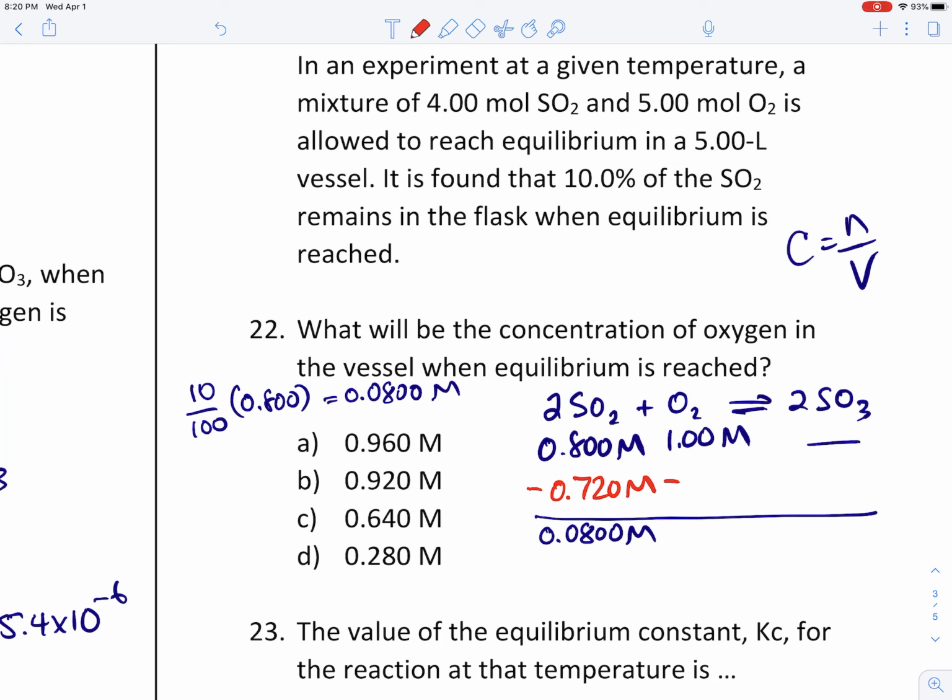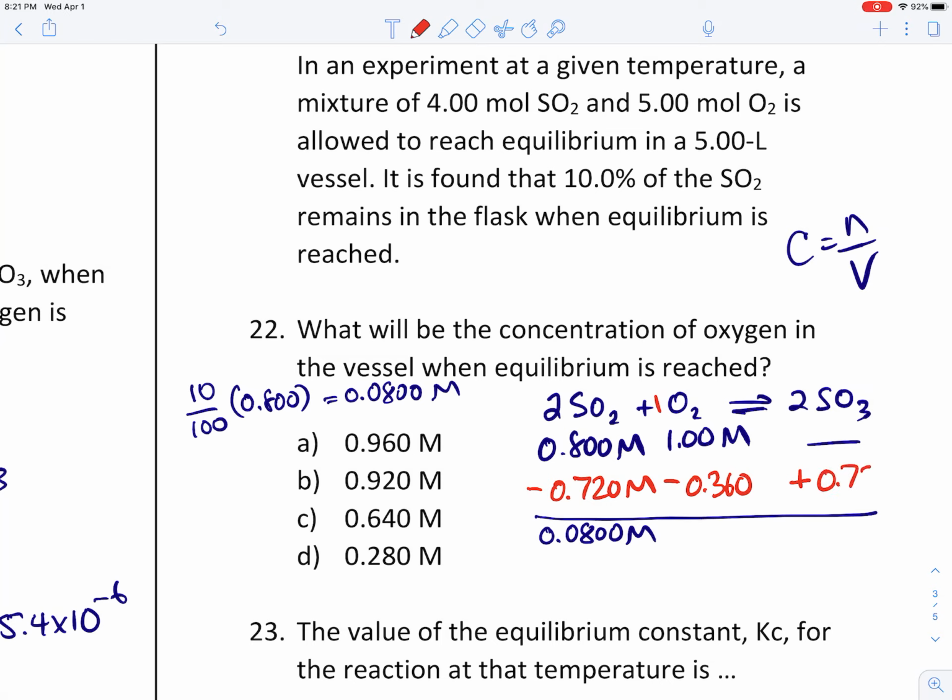So the SO2, if it began at 0.8 and ended at 0.08, it lost 0.720 molarity. Oxygen would also lose because it's also a reactant, and it would lose half as much because the coefficient is a 1, while SO2 has a coefficient of 2. So half of 0.72 is 0.360, and the SO3 is a product, so it's going to gain, it's on the other side of the equation, and it would gain the same amount as the SO2 lost because the ratio there is 2 to 2 in the balanced equation.